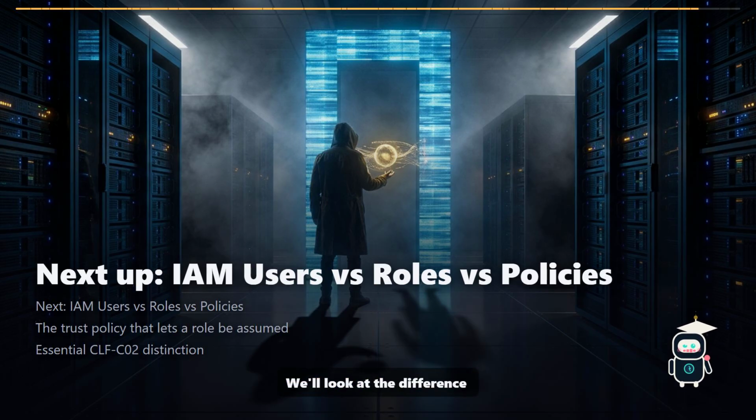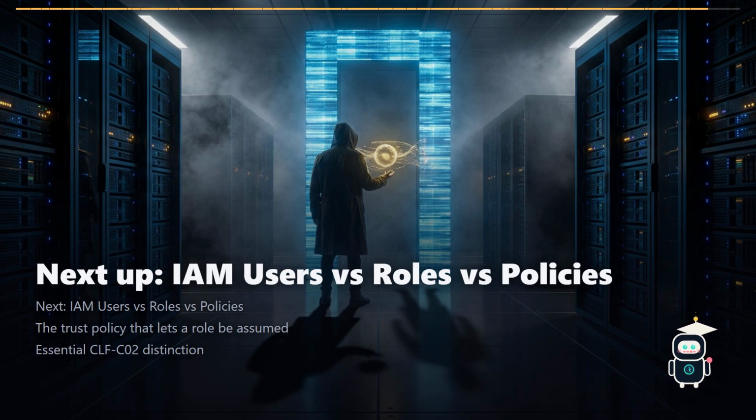We'll look at the difference between an identity-based policy and a resource-based policy. Then we'll open an IAM roles trust policy and answer one of the most important IAM questions. Who is actually allowed to assume this role? We'll also connect that to AWS Security Token Service and temporary credentials.